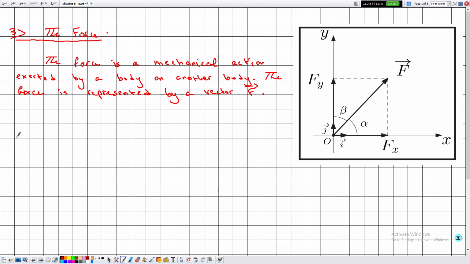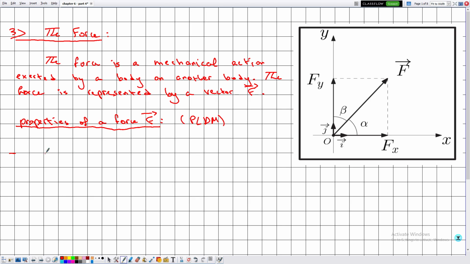So we know that the properties of a force, or the characteristics of a force, are given by the following.